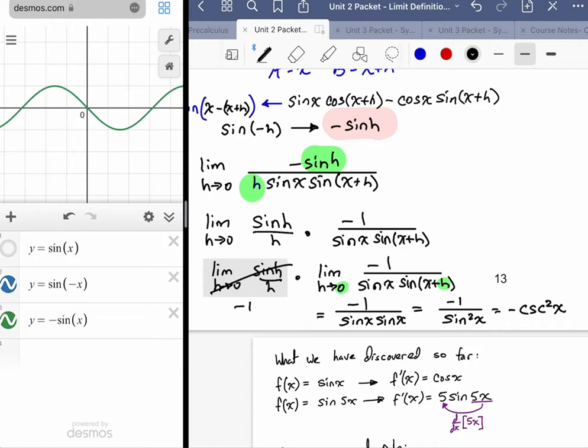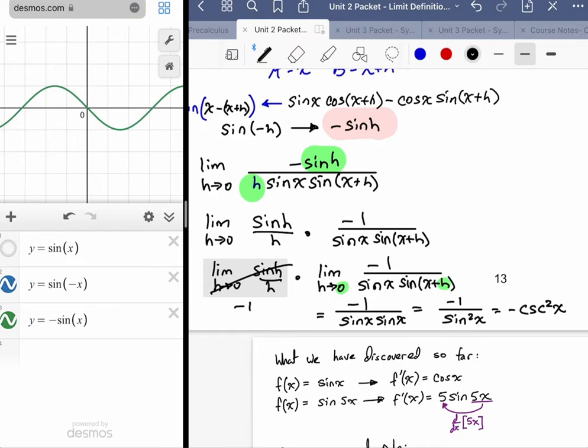Cosine had a derivative of negative sine. So non-cos become cos, cos become non-cos, at least in the sine relationship, but there is that negative counterpart here.